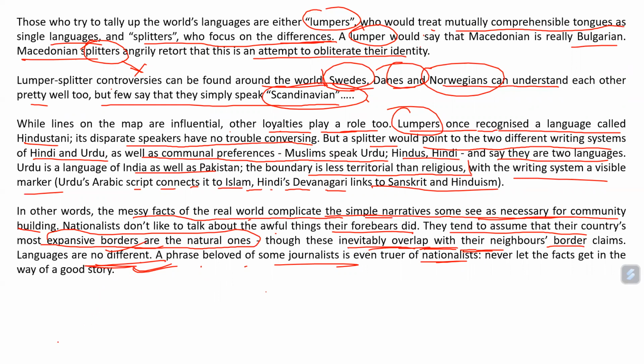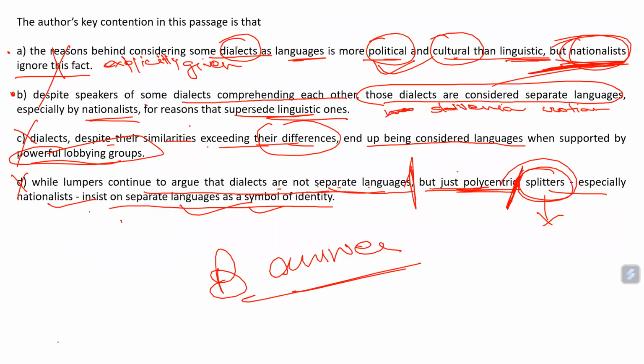So now see, when I am talking about this paragraph, what do we understand? As soon as we saw that there is a phrase that is beloved of some journalists, okay? And it is saying that it is even truer of nationalists that they never let the facts get in the way of a good story. At that point of time, we have to understand the essence of the sentence.